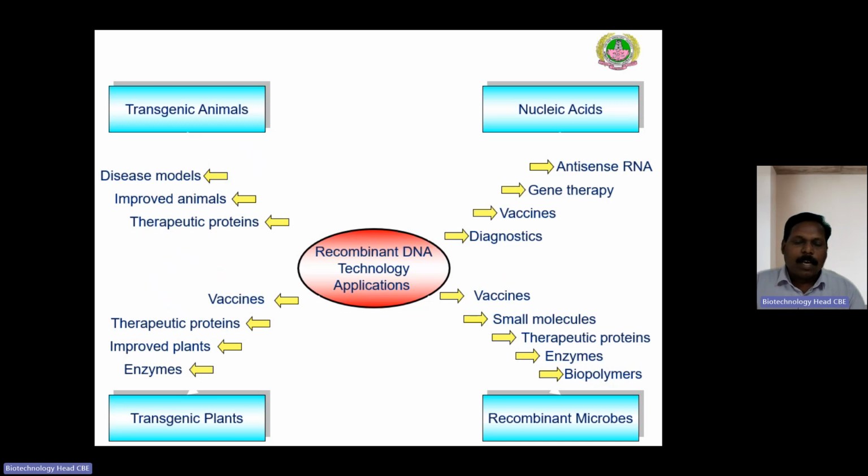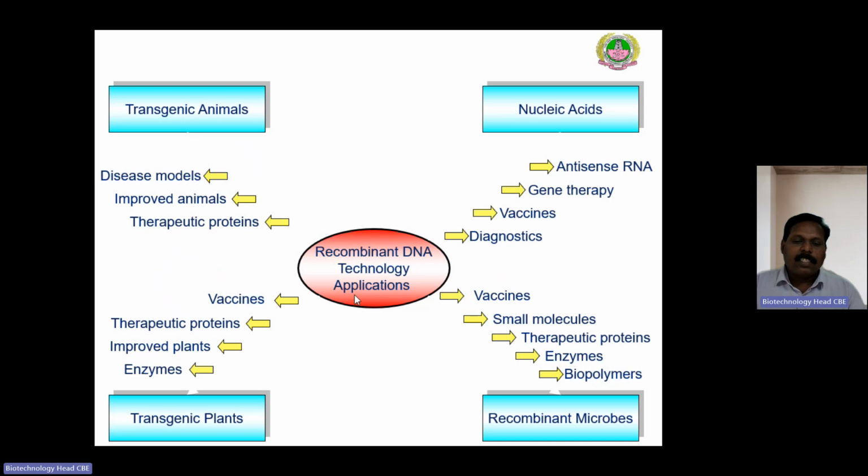In microbiology, we specifically use this technology to produce recombinant proteins using microbes as biological hosts or factories to produce vaccines, peptides, small molecules, therapeutic proteins, industrial enzymes, and biopolymers like plastics. Bioplastics can be produced using microbial host systems.